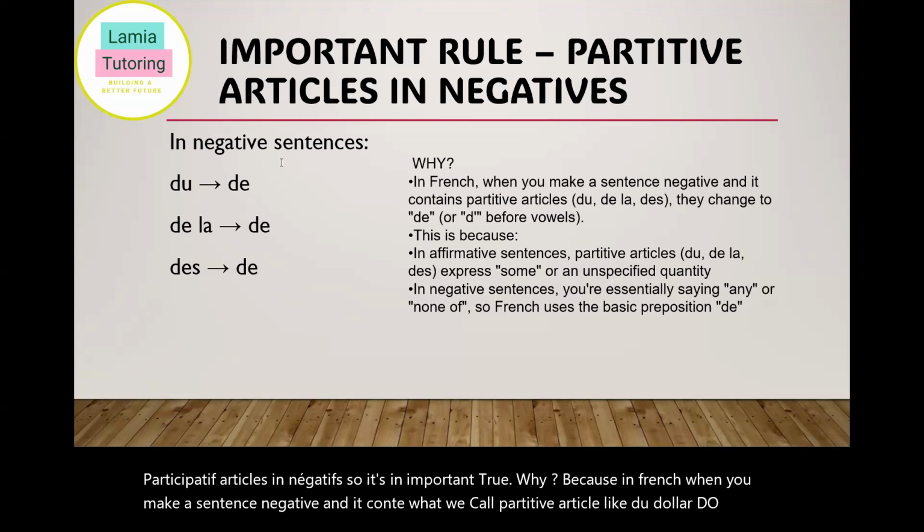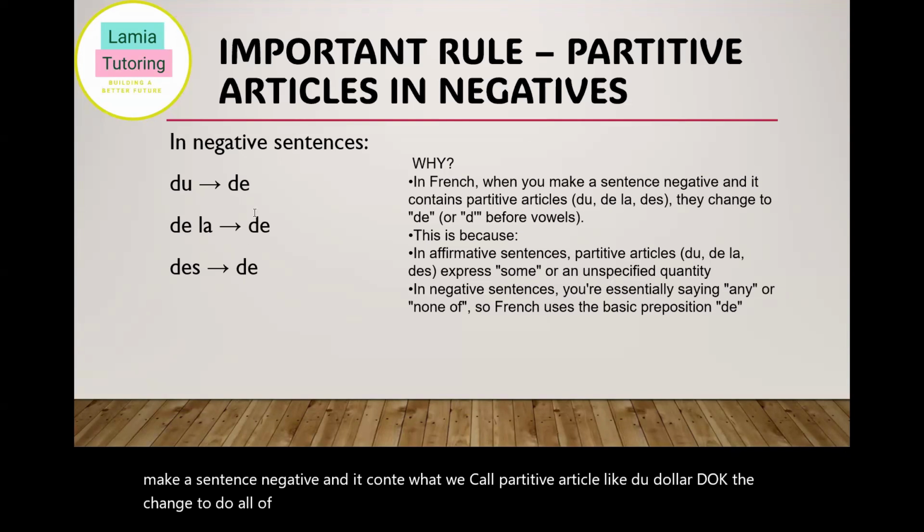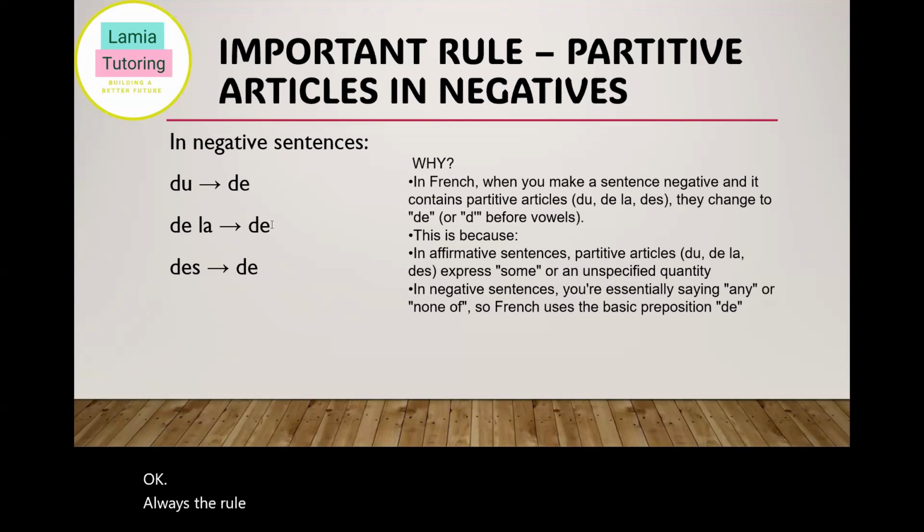They change to de, all of them. All of them become de, or the apostrophe before a vowel. Always the rule, the elusive rule of two vowels meeting, one has to go.